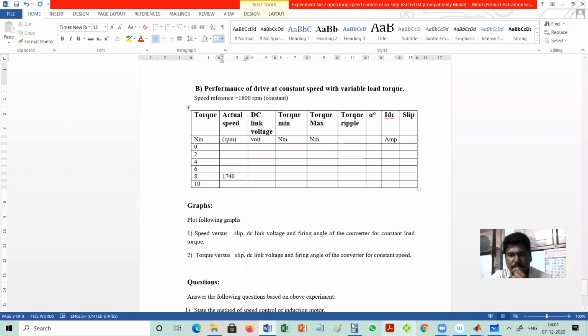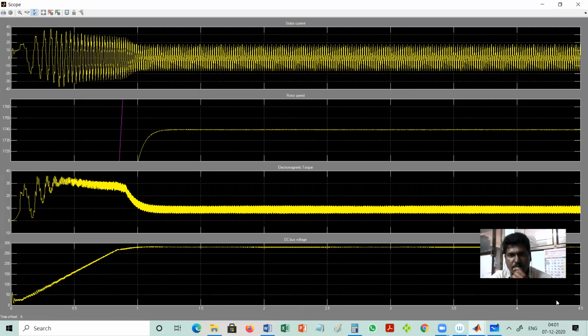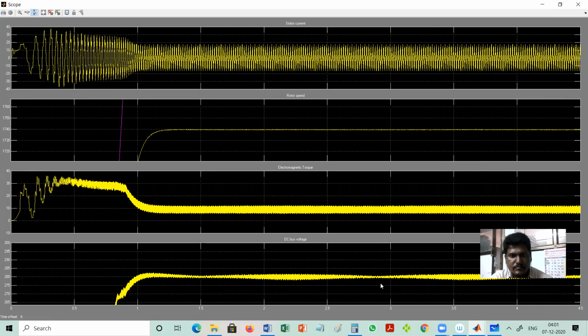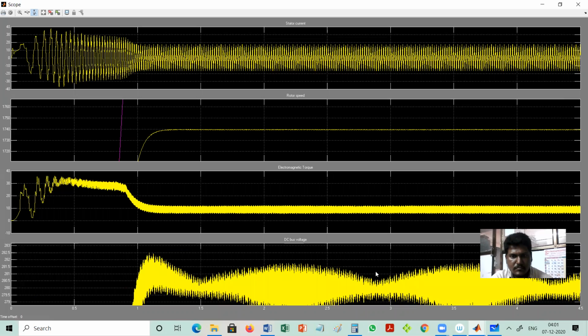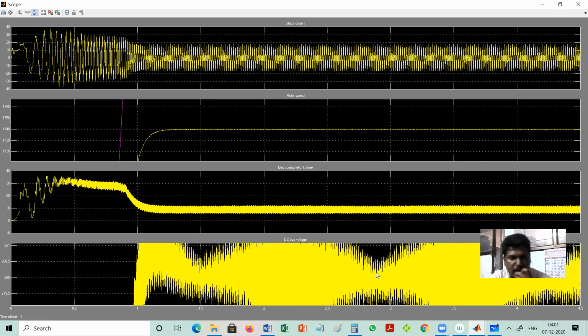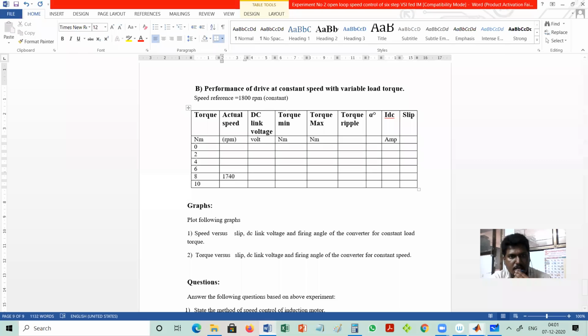Now the DC link voltage. This is the DC link voltage. It is around 280. DC link voltage is 280 volts.